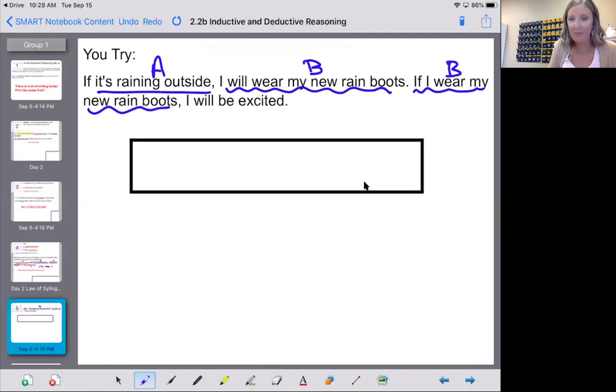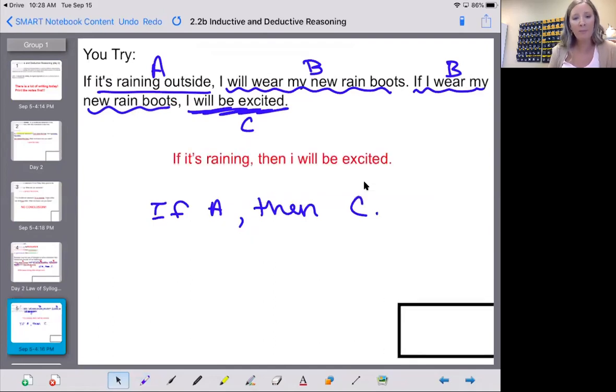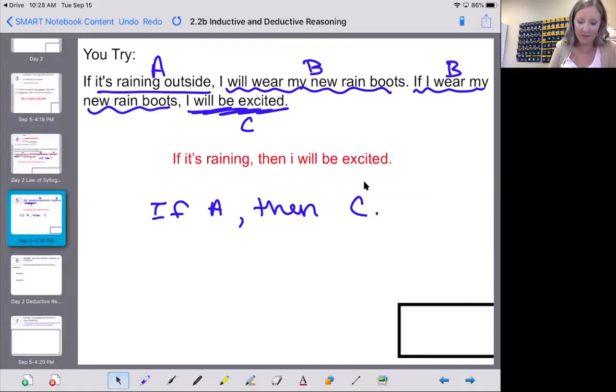I would say yes. Then the last part says, I will be excited. So that would be C. So we're going to write if A, then C. So if it is raining outside, then I will be excited. Okay. Again, that's the law of syllogism.